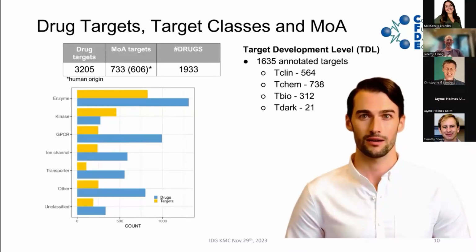Regarding target development levels, TDL, we have annotated 1,635 targets. T-Clin, 564. T-Chem, 738. T-Bio, 312. T-Dark, 21. This classification helps us understand the maturity and knowledge depth of each target, guiding research and development efforts.